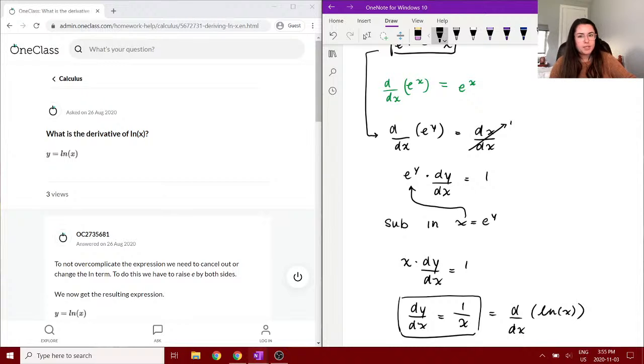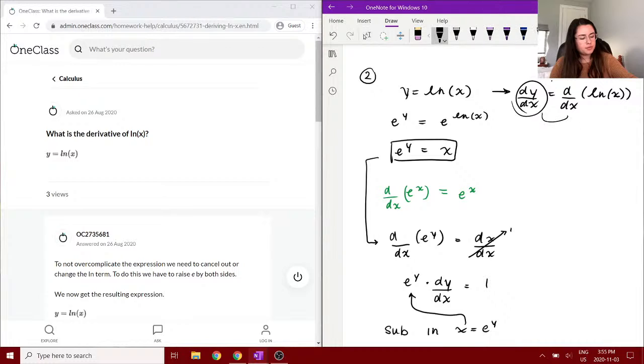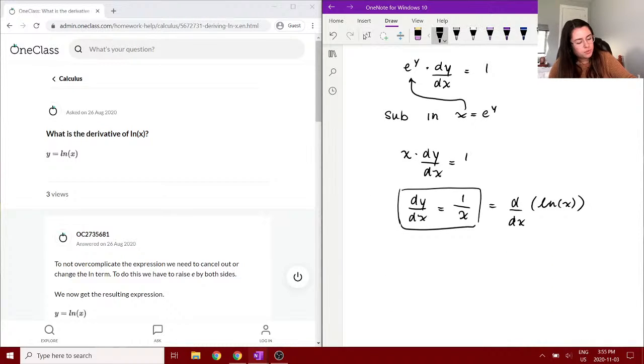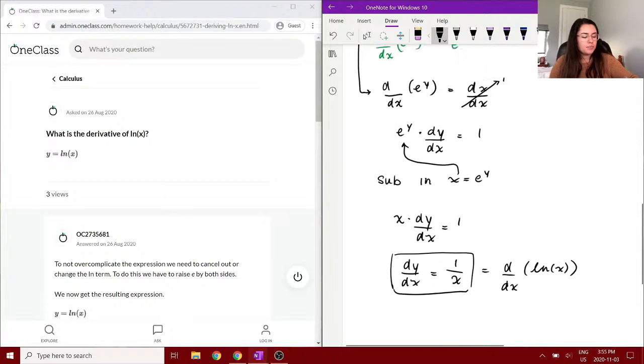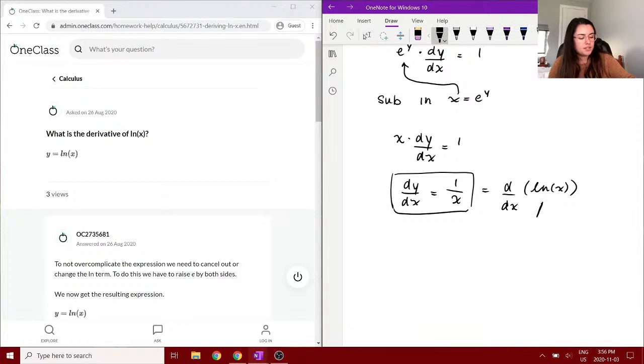And you can confirm that because, well, up here we wrote dy by dx is equal to the derivative of ln x, and then we have it equal to 1 over x. But I was saying you can confirm that just because it's one of the rules when you're looking up the derivative for the exponential function, you'll probably also find the rule for this as well, which is equal to 1 over x.